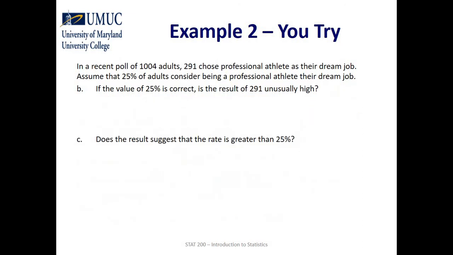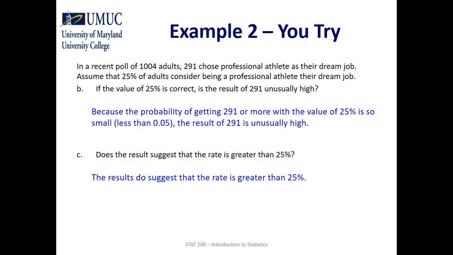All right. So if the value of 25% is correct, is this result of 291 unusually high? Well, because the probability of getting that is so small, 0.002 or 0.0023, then yeah, that result of 291 is unusually high. So this result does suggest that our actual rate is greater than 25%.